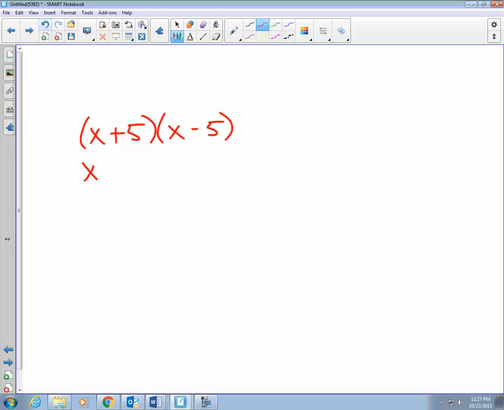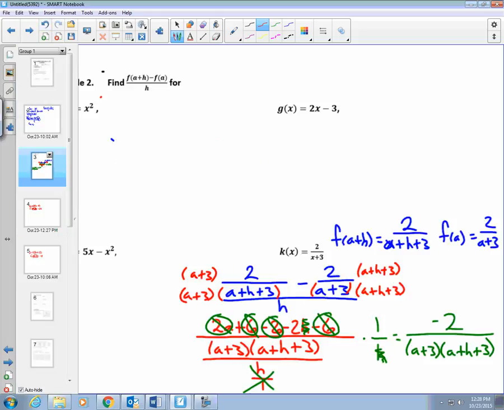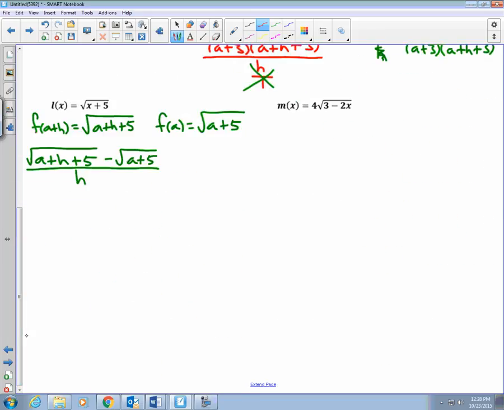X times x is x squared, and then I get a plus 5x and a minus 5x, and I get a minus 25 on the end. And you know that the middle simply cancel. It's a wonderful approach to get things to square and cancel things in the middle. You see that? Squared, squared, middles, gone. Well, isn't that what we want? We want to square this, to square that, and have the middle be gone. So what I do is I multiply it by the conjugate.